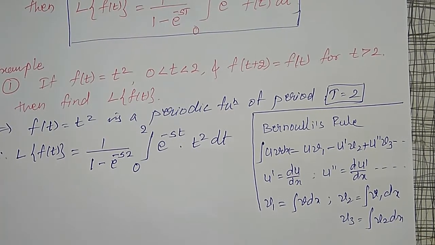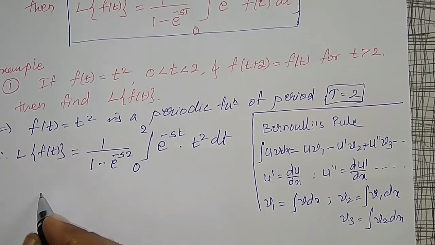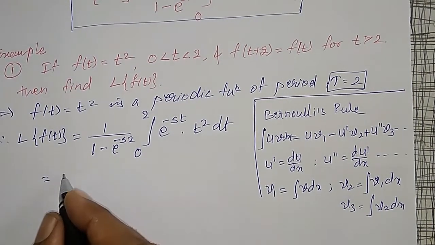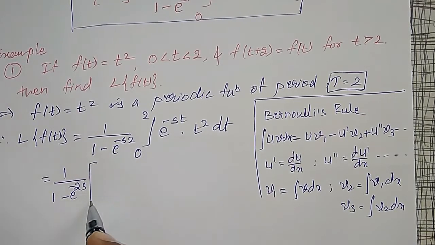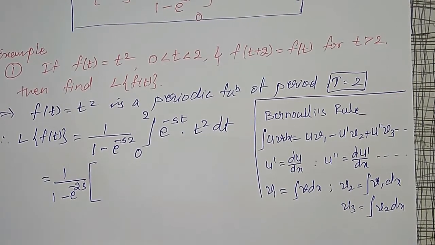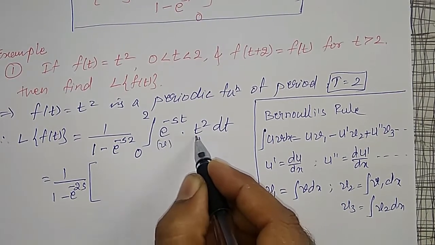Like that it carries successive differentiations and successive integrations. This formula I am going to apply here, which is equal to 1 divided by 1 minus e raised to minus 2s, and this integration I will do here by using Bernoulli's rule. I will consider this one as u and this one as v.